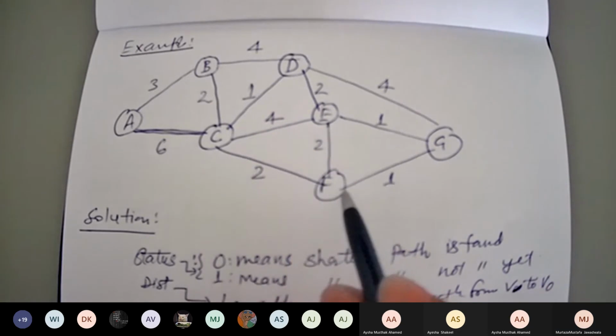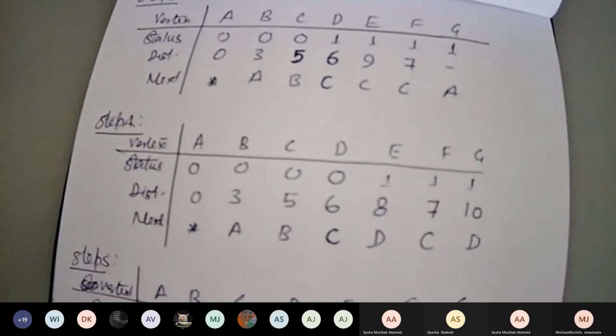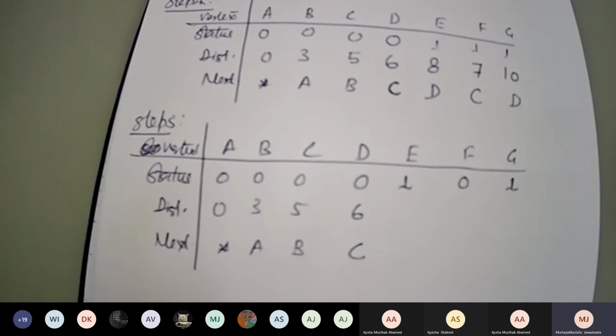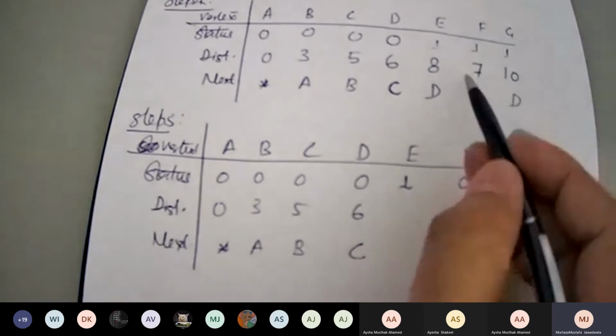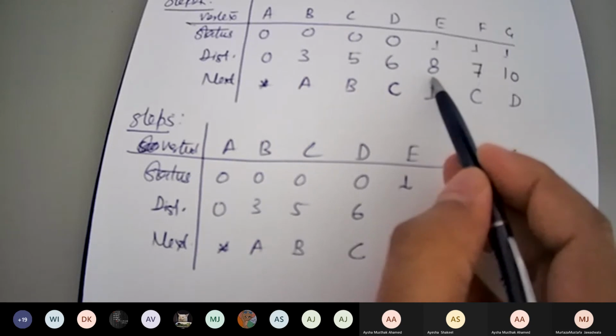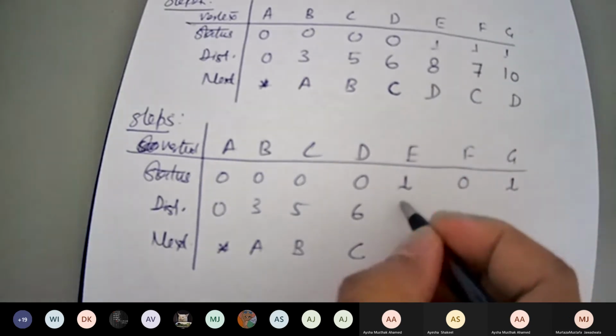And F to G? 1. So for F to E, what will you write? You will not write, because 7 plus 2 is 9, but here it is already 8. So 8 is less than 9, so you will not change it.